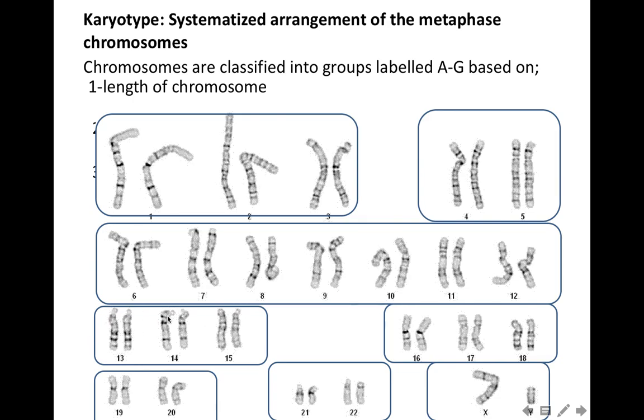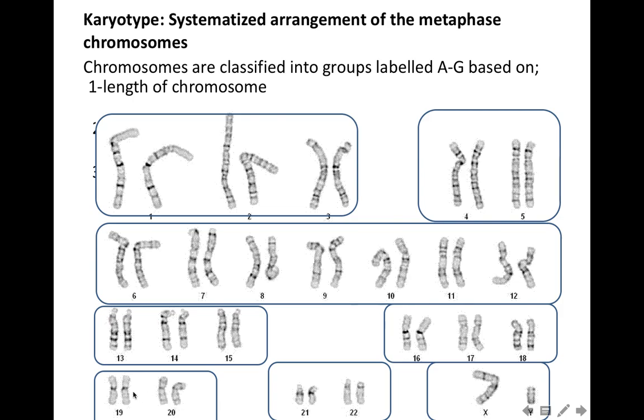They don't have short arm, only satellite is present and connected to the centromere by a stalk. So these chromosomes 13 to 15 don't have any P arm, only satellites. This group here are short and they are sub-metacentric.